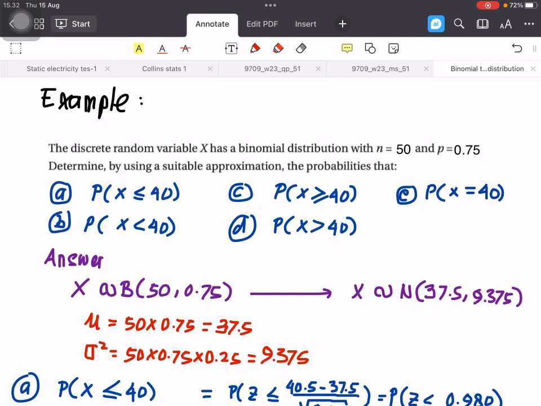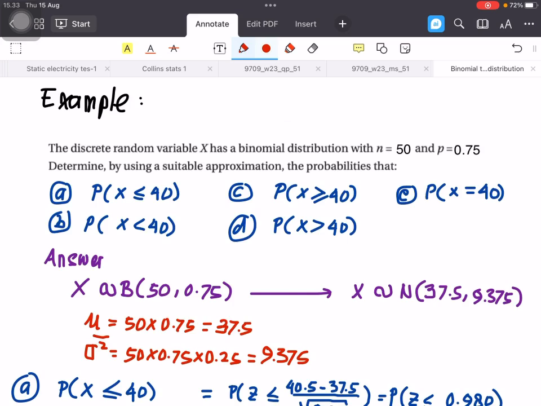Let's see this example. The discrete random variable x has a binomial distribution with n equals 50 and p equals 0.75. Determine by using a suitable approximation the following probabilities. So first, we want to approximate binomial using normal distribution.